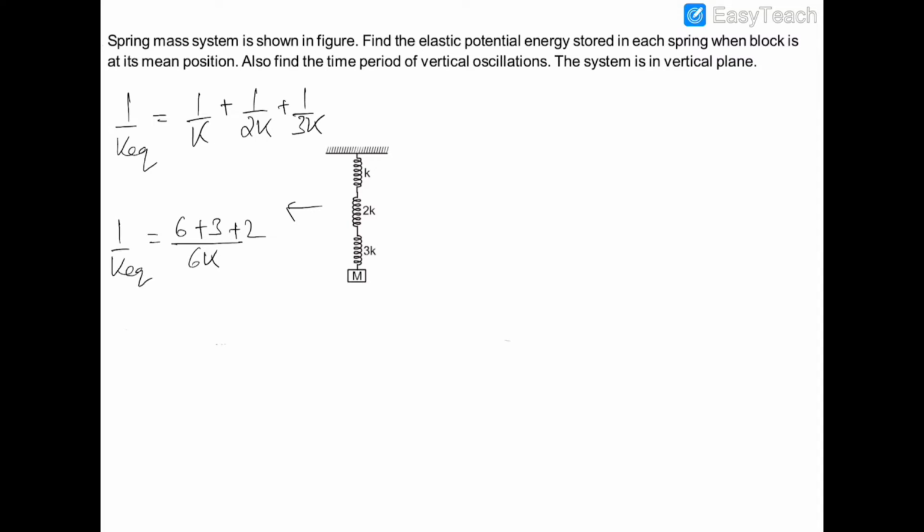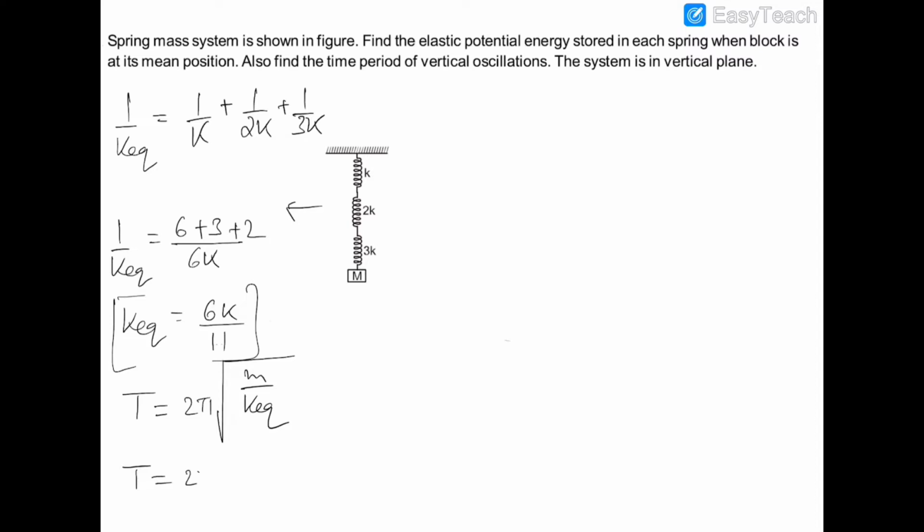So the equivalent K will be equal to 6K by 11, and therefore the time period of SHM would be 2 pi under root m by K equivalent. So the time period would be 2 pi under root m by 6k by 11. So this is the time period of SHM.